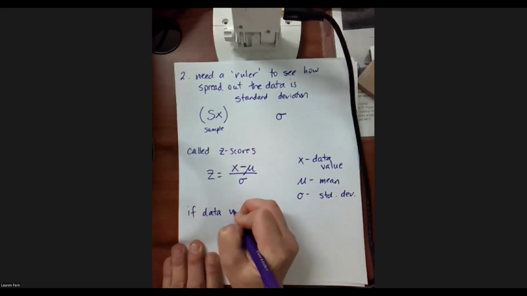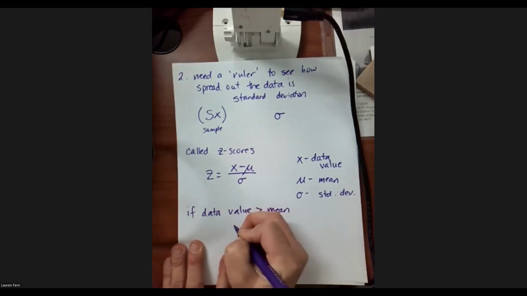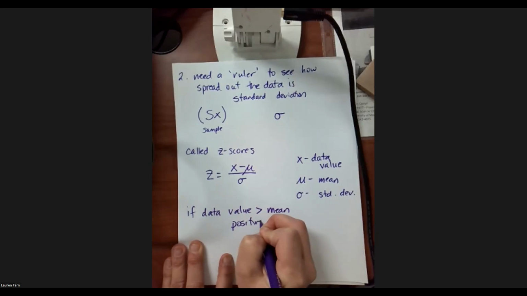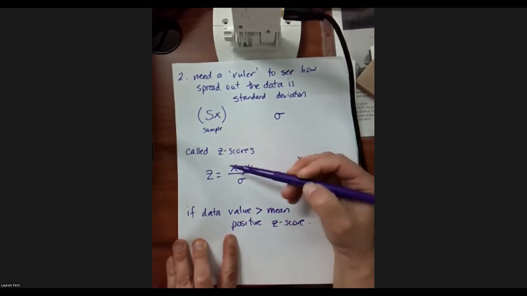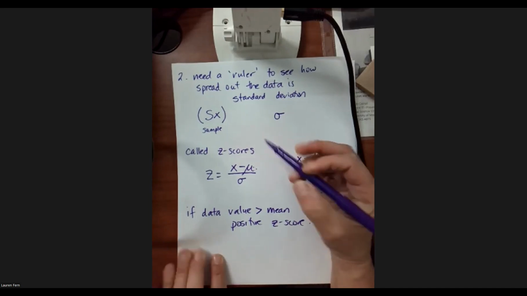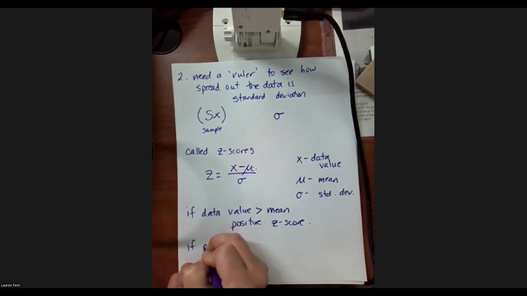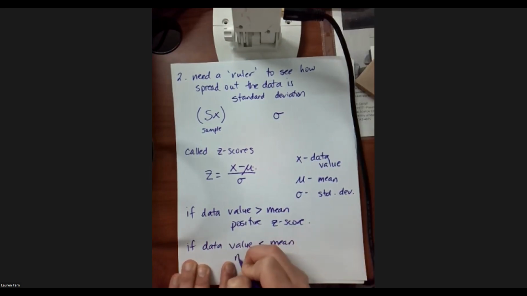If my data value is larger than the mean, I have what's called a positive z-score, right? Because if X is bigger than mu, won't X minus mu be a positive number? Similarly, if our data value is smaller than the mean, we're going to have a negative z-score.